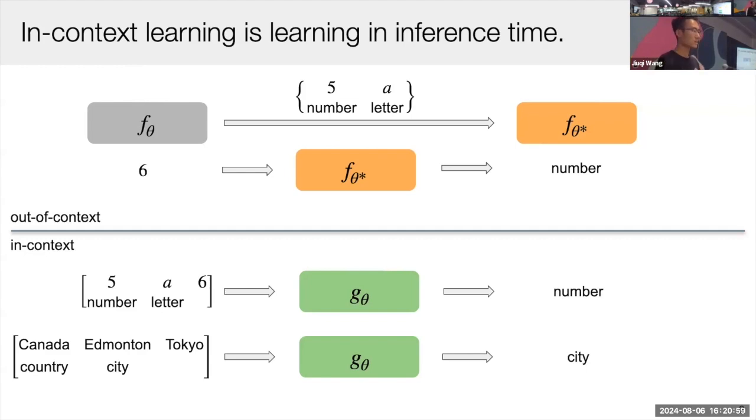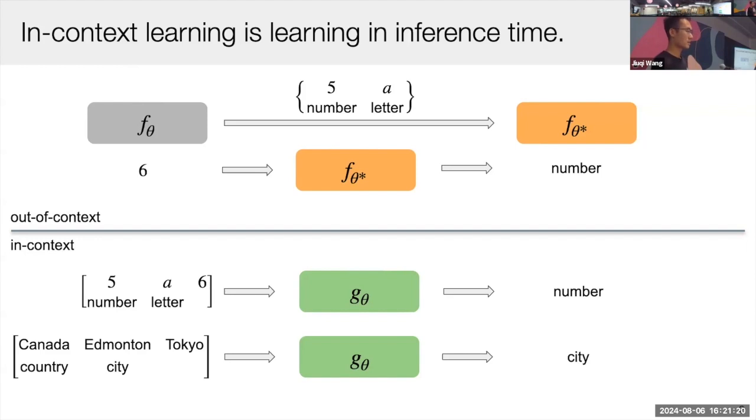In this small matrix, the number 5 and 8 with the corresponding letter are what we call the context. Then we append our query to this prompt, and we expect the model to give an answer, like a number, for this classification problem.